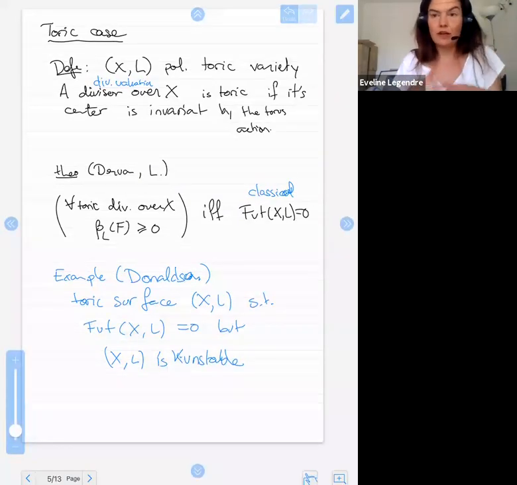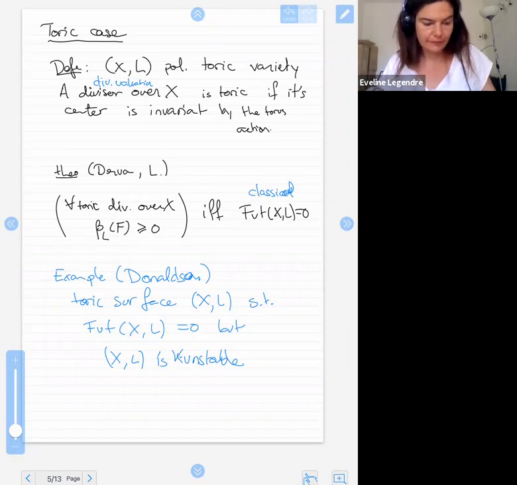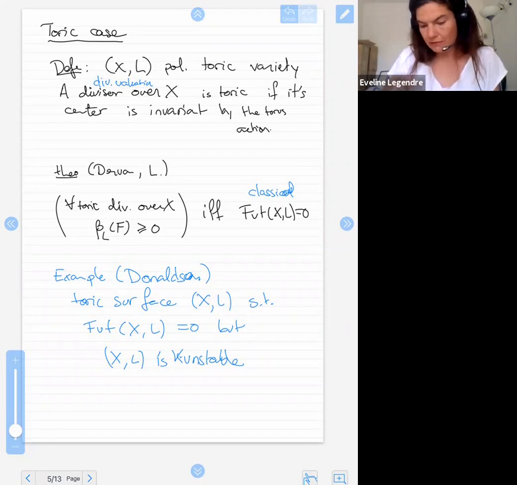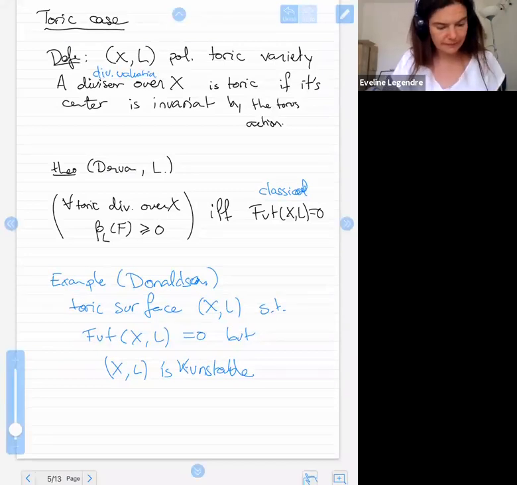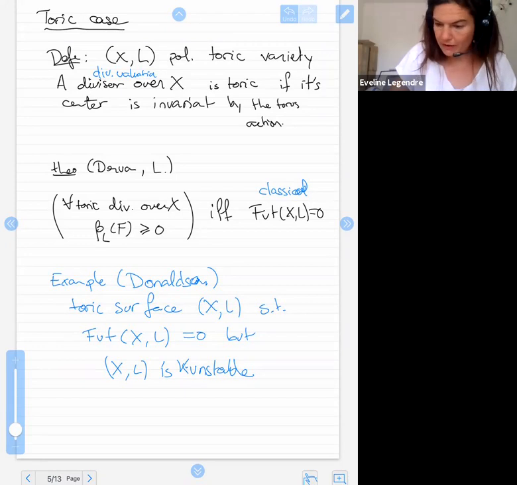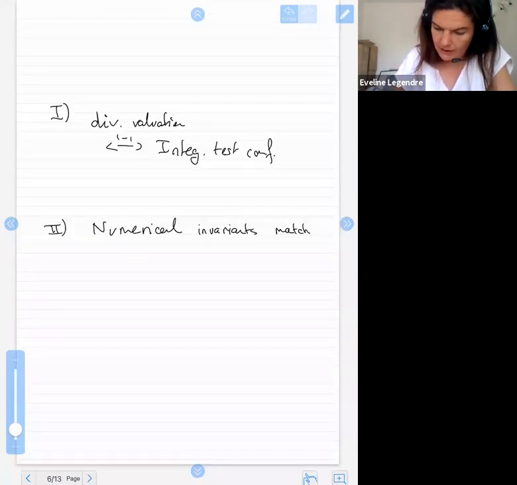Of course, that's not a counterexample to relative stability being equivalent to K-stability in general, but that's strong evidence that it won't be. Okay. So about what I want to explain today in this talk.